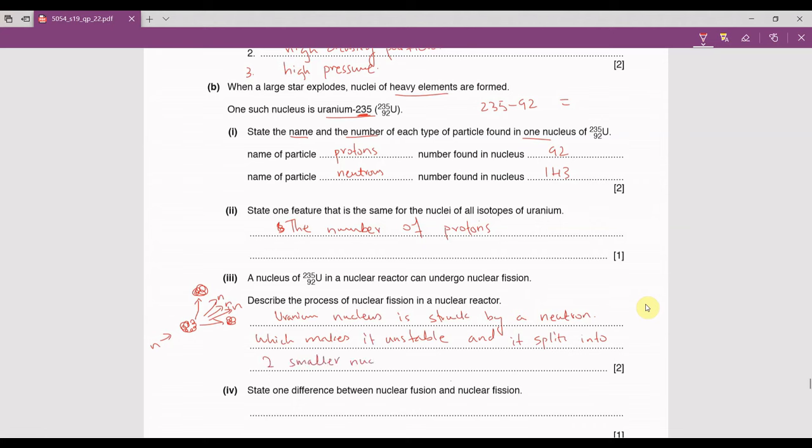You don't need to remember the names of those smaller nuclei, and 3 more neutrons. Even if you write an answer till here, that would be enough, but still 3 more neutrons.